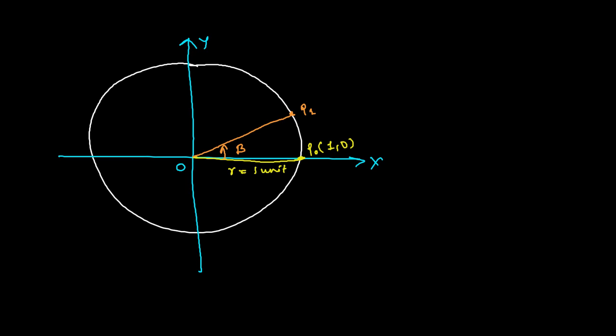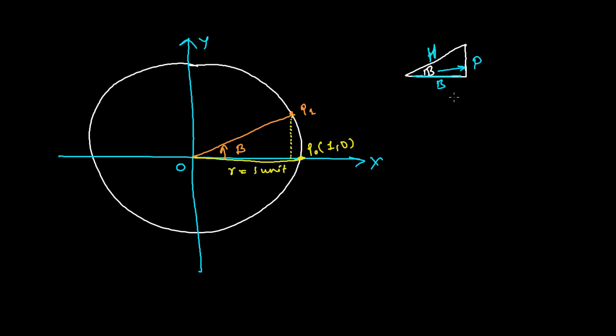And we need to find out the coordinate of this point P1. So I'm going to draw a perpendicular here, and after drawing the perpendicular, it is looking almost like this, with the angle B. Here this is angle B, so this opposite side is the perpendicular, this is the base, and this will be our hypotenuse. The longest side is always the hypotenuse.